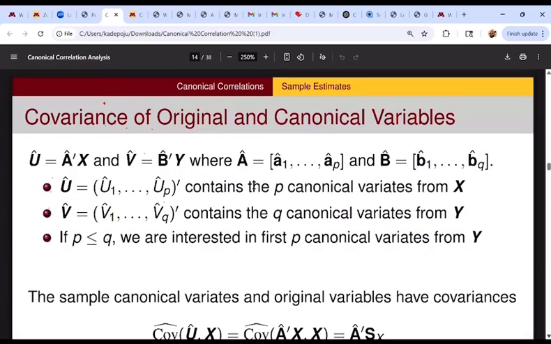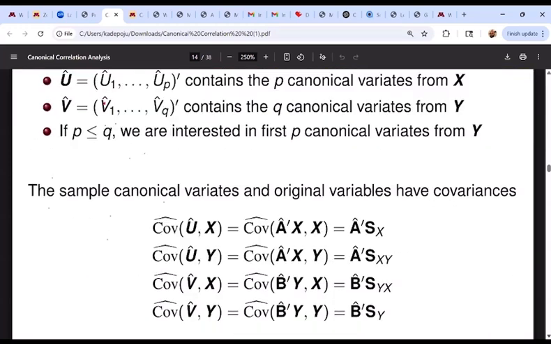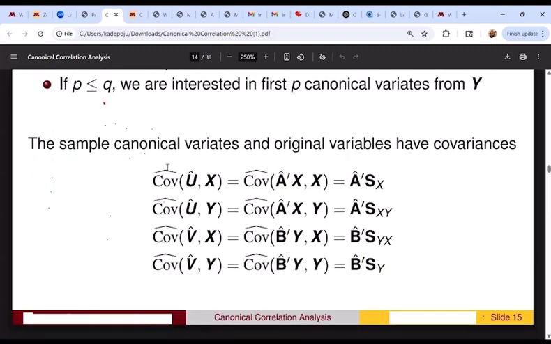Now, we can also, as I showed you the other time, look at the covariance. Is there any relationship between the original features in X and Y with the canonical variables? I showed you the population the other time. So what we're doing here is estimating the covariance, because we have the sample data.